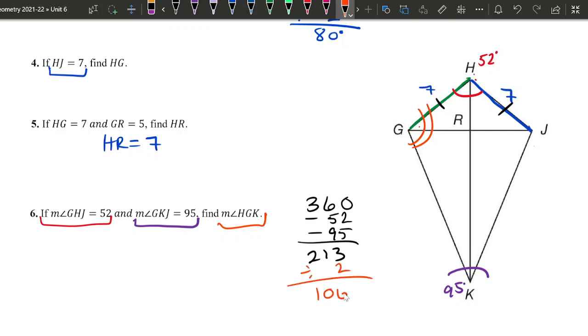So it's 106.5 degrees, which is kind of weird, but that's what it is. Angle HGK is 106.5 degrees. And that is trapezoids and kites.